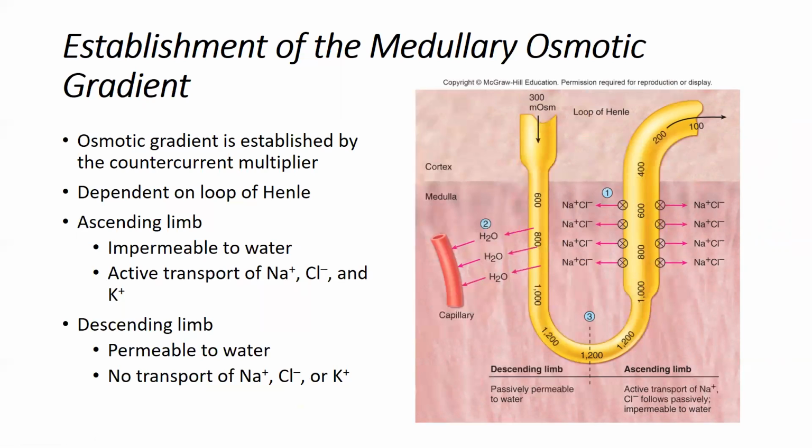You can manipulate the movement of these ions and all this water will just start to move. Okay, very ingenious system. You want to bear in mind that the ascending limb is impermeable to water. The ascending limb of the tubule is only moving salt, sodium, chloride, and potassium. The descending limb is only permeable to water.